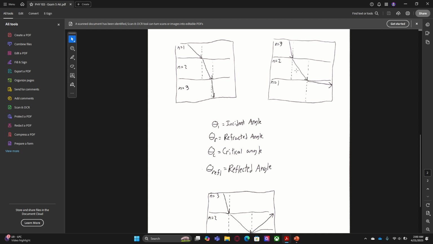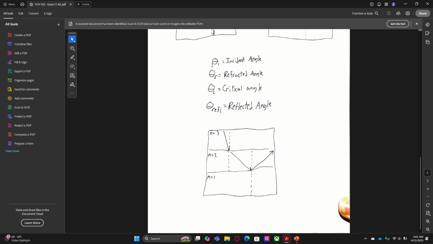And that theta R becomes the new theta I. And if the next layer also has a lower refractive index, then we should calculate theta R as an even greater value, basically getting even broader.